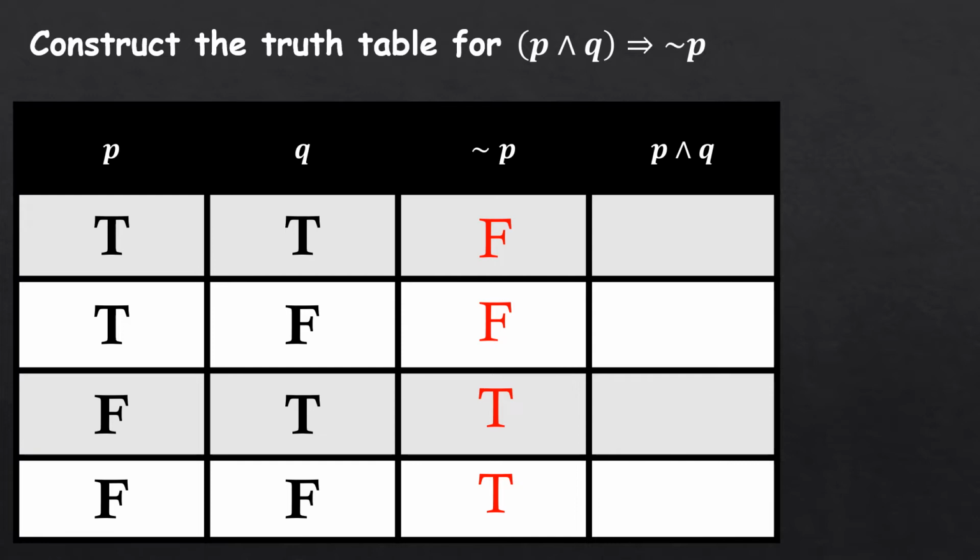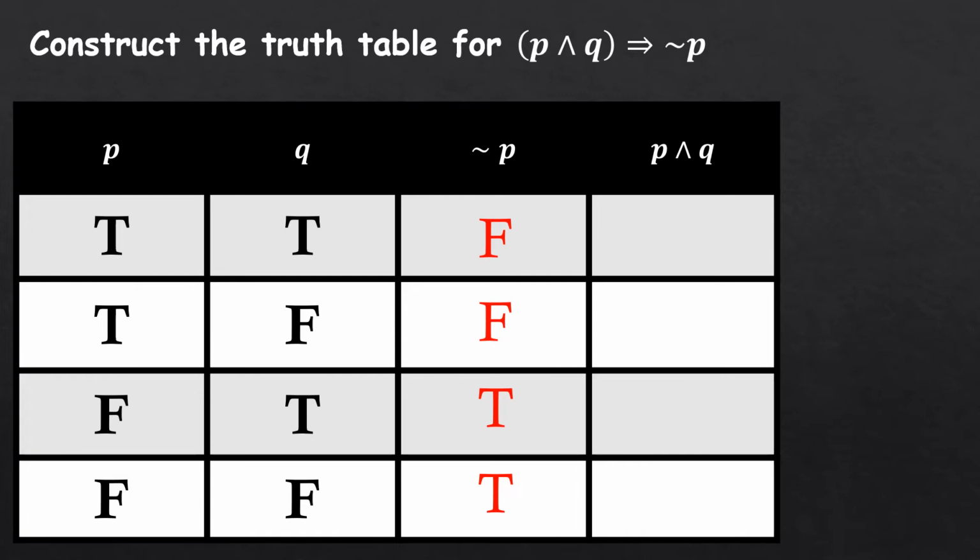So if you want to evaluate P and Q first, it will also be fine before you proceed with the terms outside the parentheses. But then, ma'am, why did you do not P first instead of the term inside the parentheses? For this case, it's okay. Why is it okay? Because the terms inside the parentheses are already given in the truth table. So even if I don't do that first, there will be no problem. Whether I do it first or not, it's okay. Nothing will be affected.